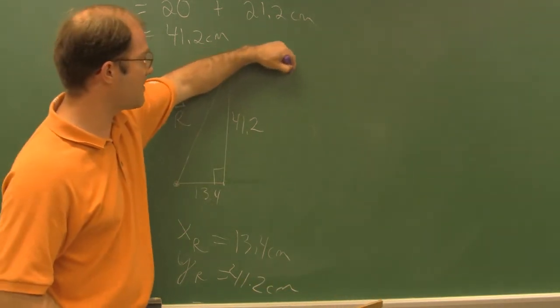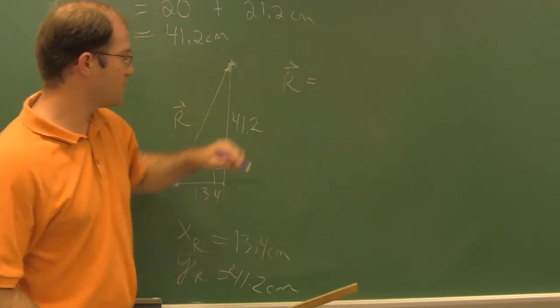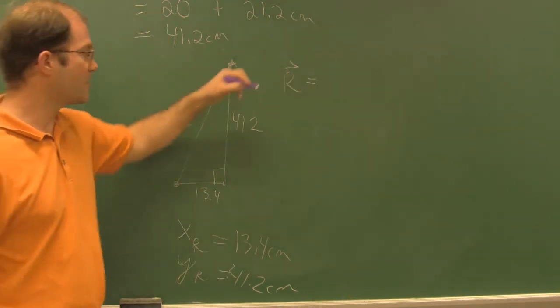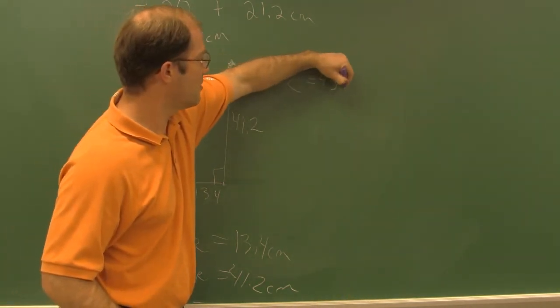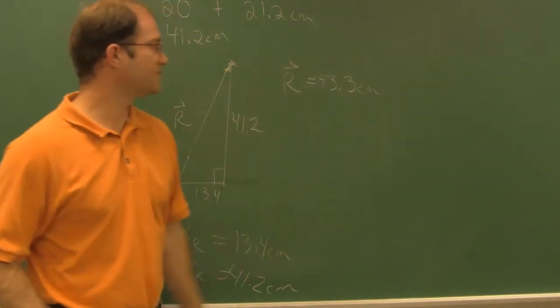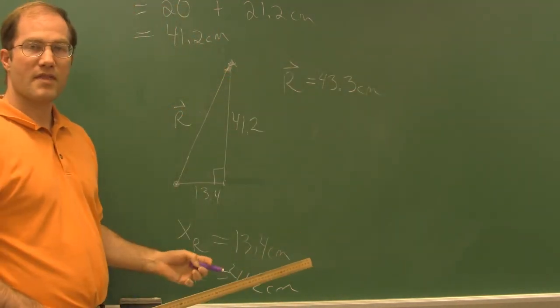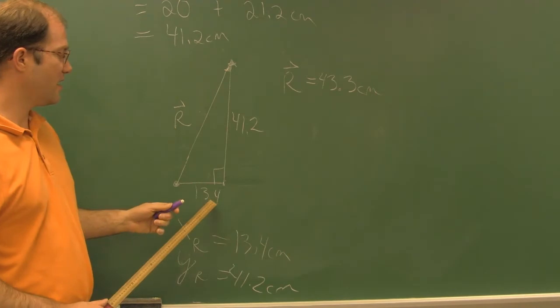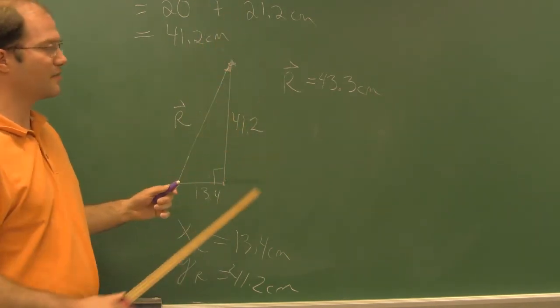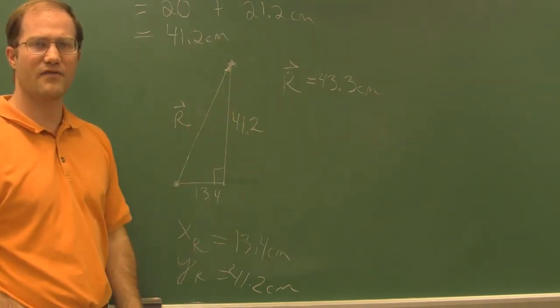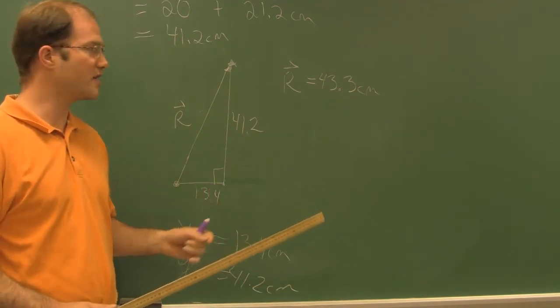And from that we get the magnitude of the resultant is equal to 43.3 centimeters. Of course, when you're doing this, be sure to show centimeters all throughout. I've been leaving off some of the units just to keep the board cleaner.